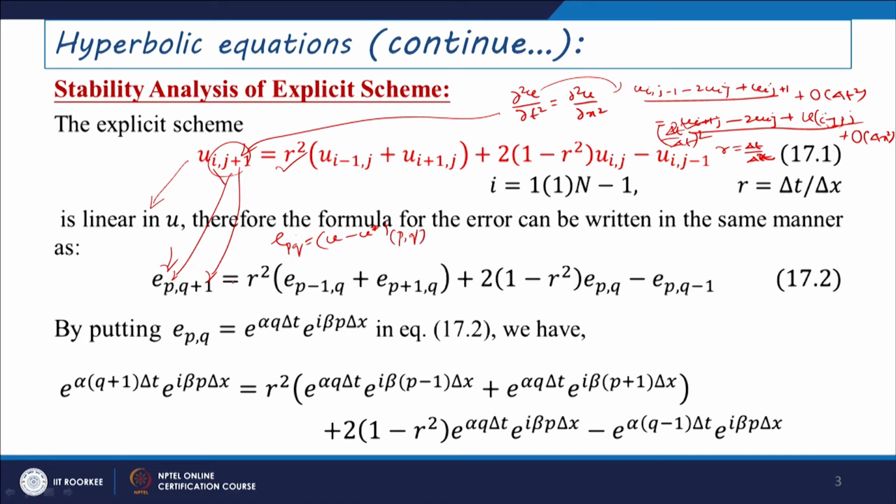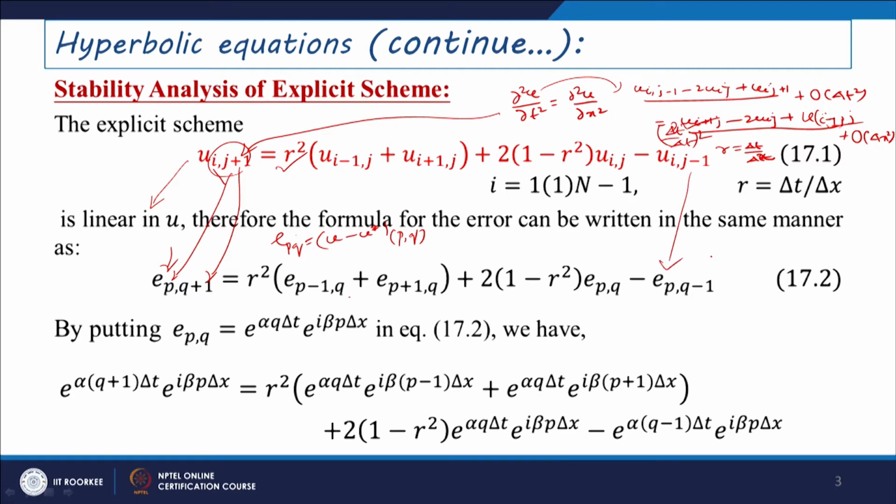So, e of p q plus 1 can be written as r square into, based on u minus u star at the i minus 1 j point, e of p minus 1 q, plus u minus u star at the i plus 1 j point, e of p plus 1 q, plus 2 into 1 minus r square, and u minus u star at the i j coordinate, e of p q, minus u minus u star at the i j minus 1 point, e of p q minus 1.